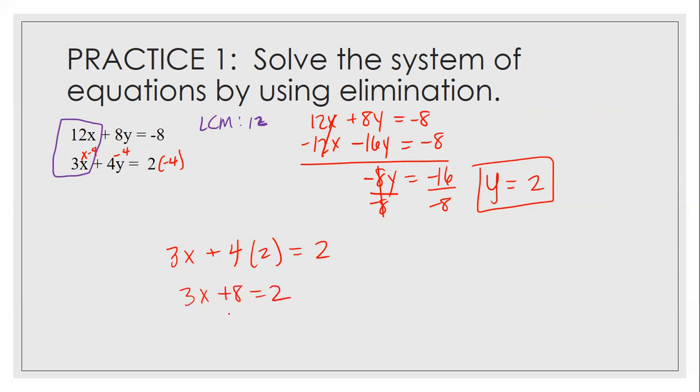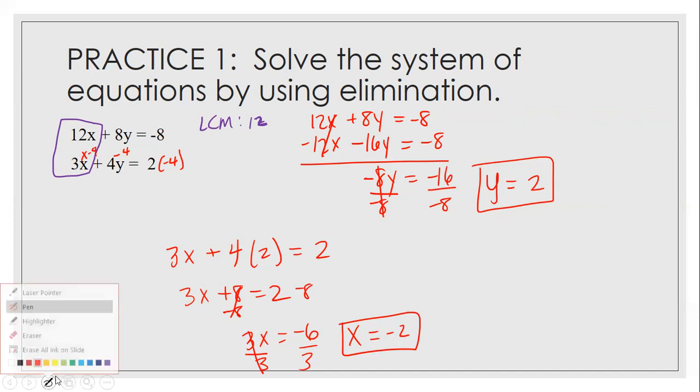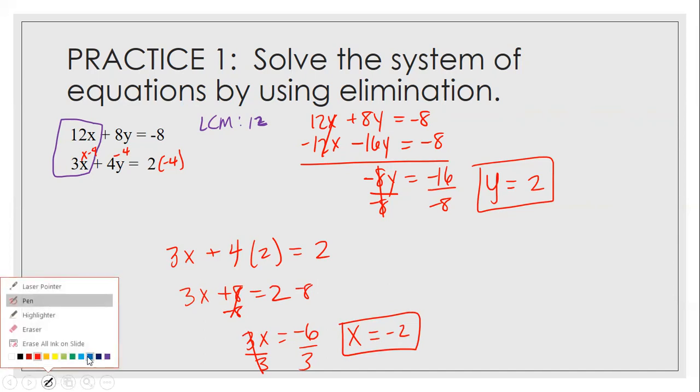To get x by itself, I'm going to subtract 8. Leaves me with 3x equals negative 6. Divide by 3. And we get negative 2. To be like, oh, this is all right. I think I did it right.